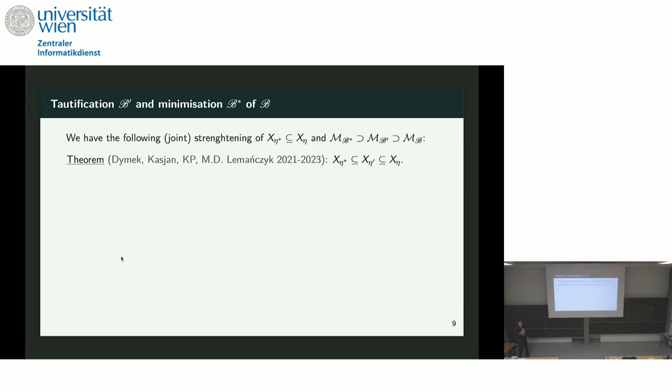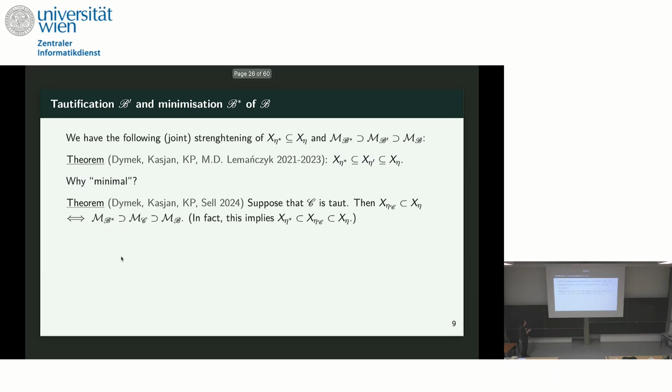This is more or less automatic: once you know what B prime is and what B star is, you get these inclusions. But it turns out that actually you have the inclusion of B-free subshifts. This X eta star is the smallest one, X eta prime is intermediate, and this X eta original B-free subshift is where all of it is happening.